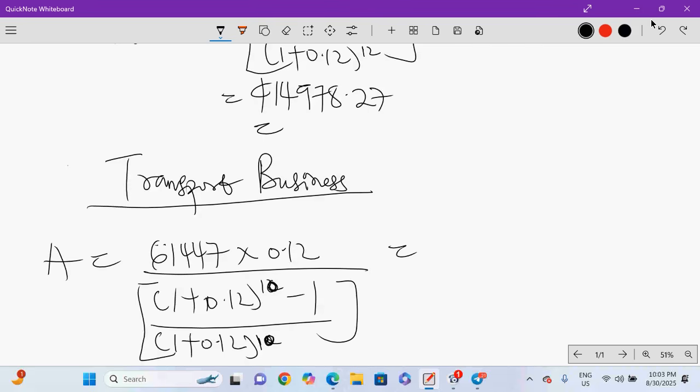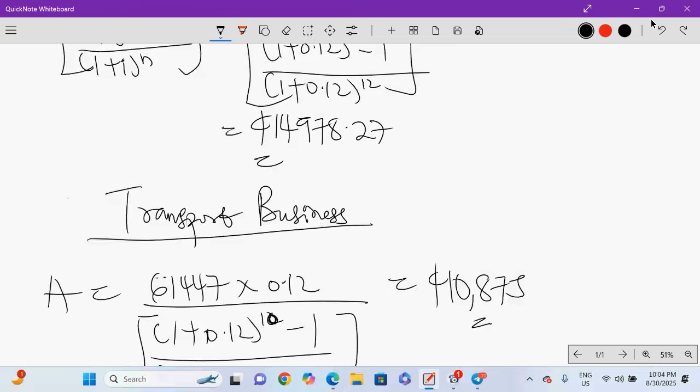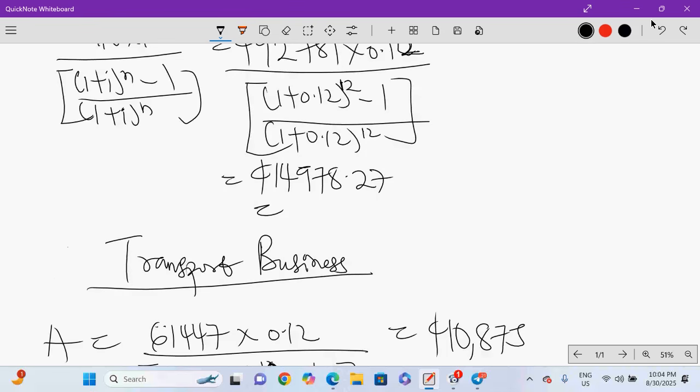So what are we getting? 10,875.14. So based on the annual worth, still the Galamsey business is doing better than the transport business.